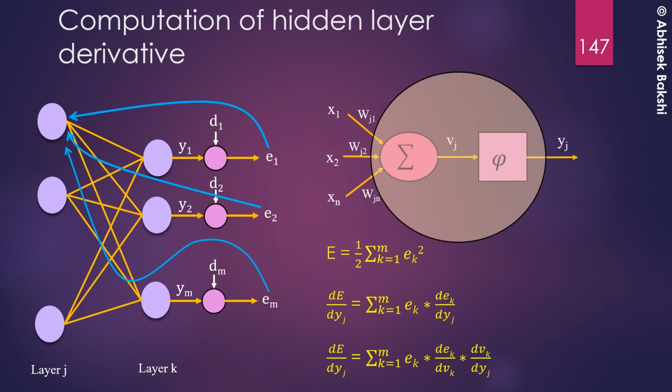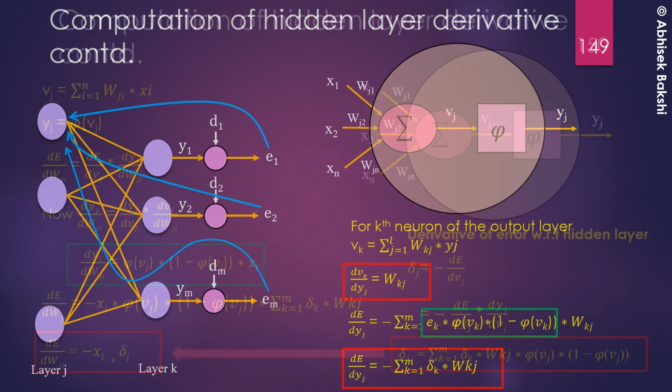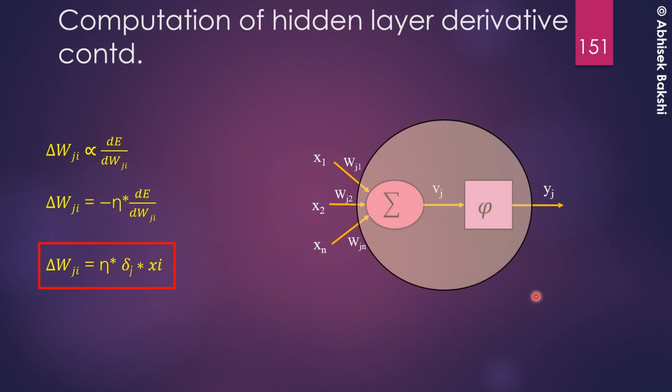Anyway, let's proceed. Up to this we have done delta wji, but one thing is left, because we are considering only neurons. There is one thing we have missed. What is that? We have missed the concept of bias.